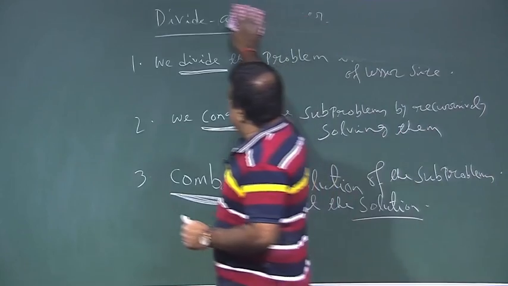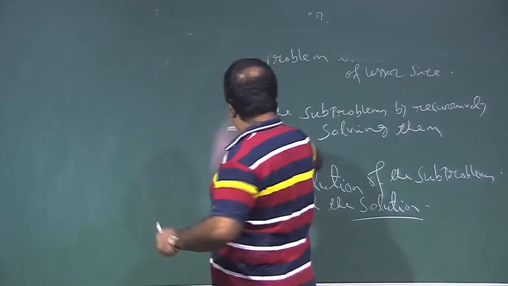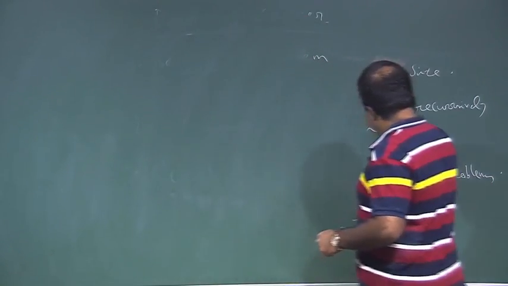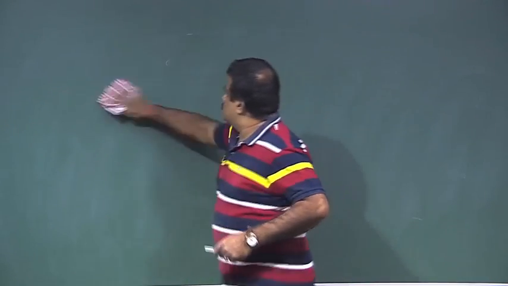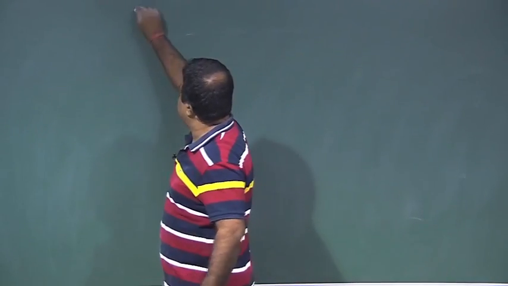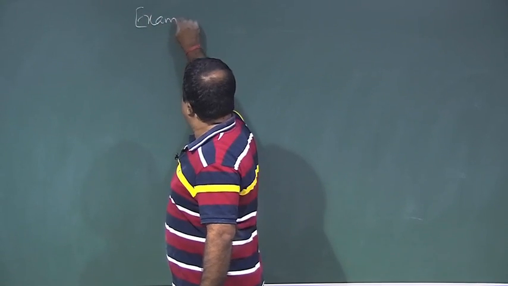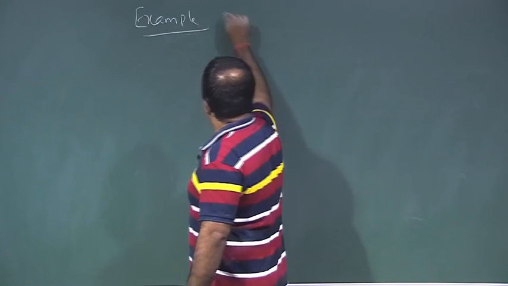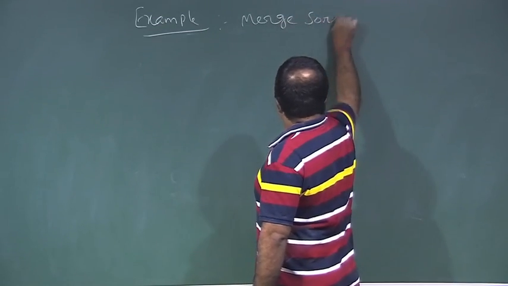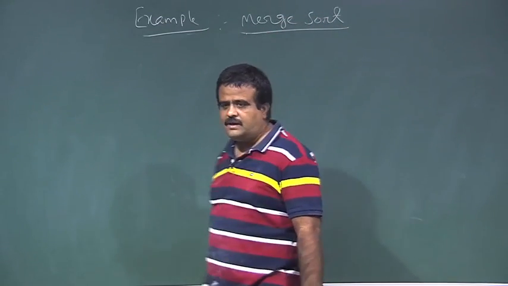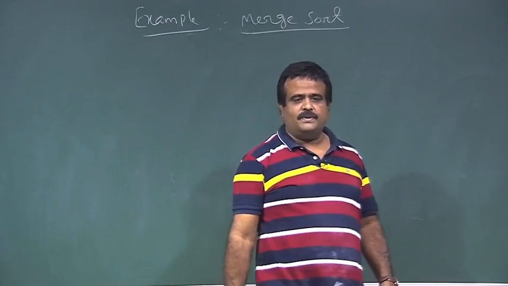So the example is merge sort, that is a divide and conquer technique. Merge sort is basically a sorting problem.